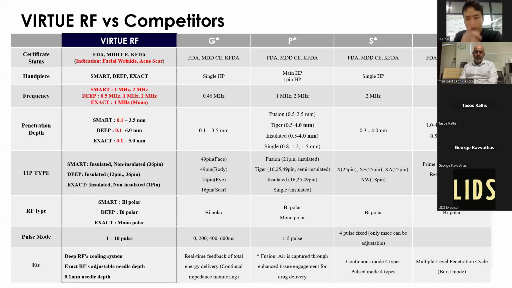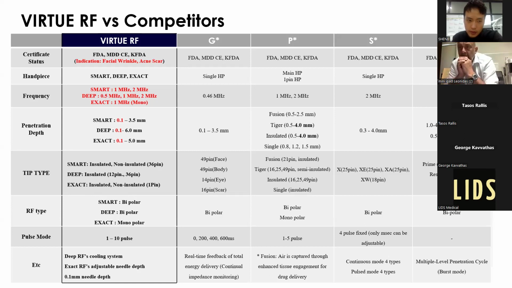Of course, Virtual RF here consists of 3 handpieces, but considering that we only have Smart RF, we can still compare and compete with the biggest competitors in the market. Firstly, the M is Morpheus 8. I believe it is also very aggressively doing marketing in the Greek market. Morpheus 8 only has 1 megahertz and only insulated tips.